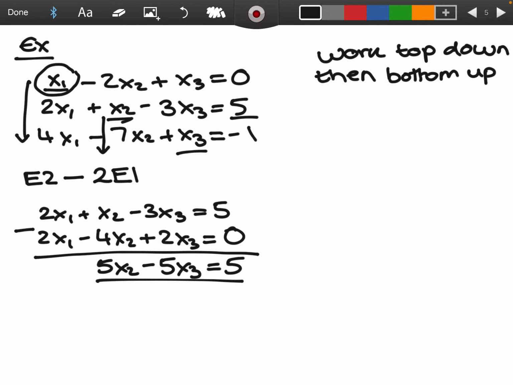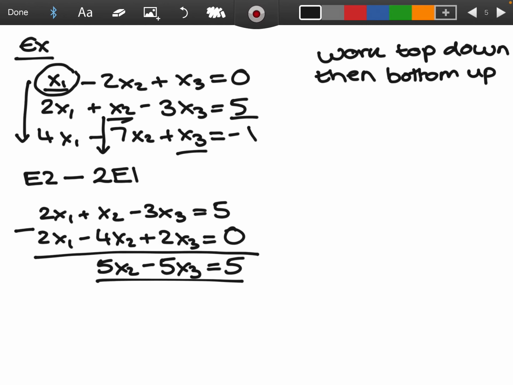I've taken my second equation, subtracted 2 times my first equation from it. It's eliminated that x1 variable, and I'm just left with 5x2 minus 5x3 is equal to 5.